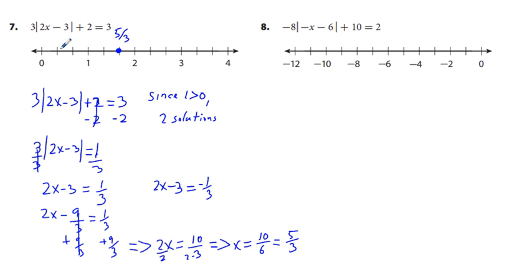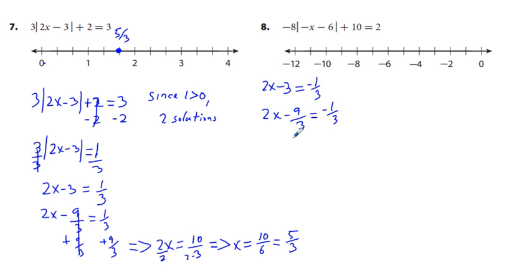And then we're going to go ahead and test our answers too. And now we have 2x minus 3 equals negative 1/3. What I'm going to do for this is bring it up here to leave some room to work below. Okay. Now for this one, we have 2x minus 9/3 equals negative 1/3.